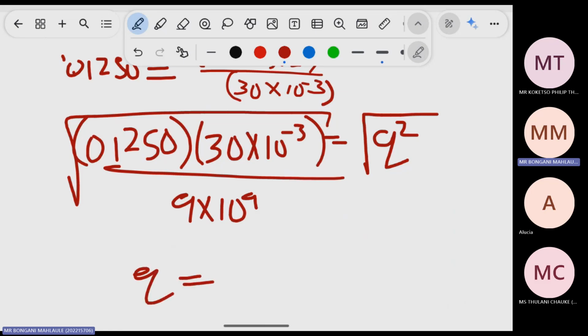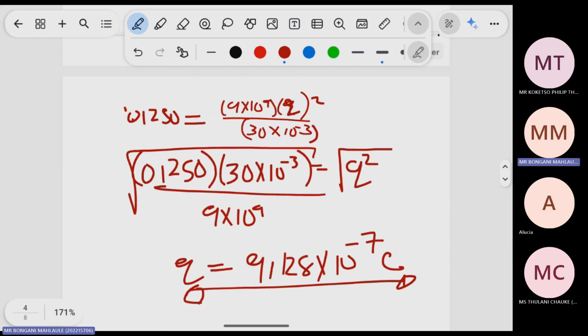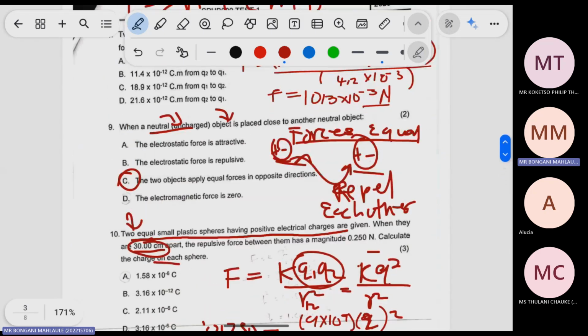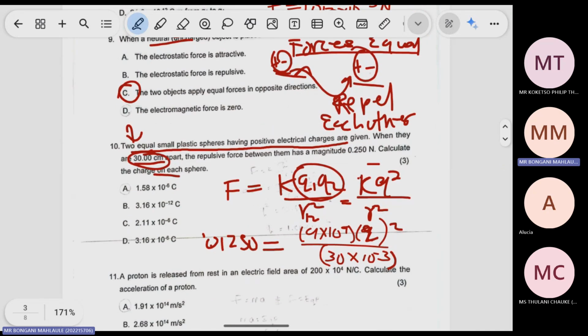So the value of Q will be 9 times 10 to exponent 9 times 10 to exponent negative 7 coulombs. So this topic is very easy, guys. I don't know if you guys will struggle to pass. If you fail test 1, I don't know.